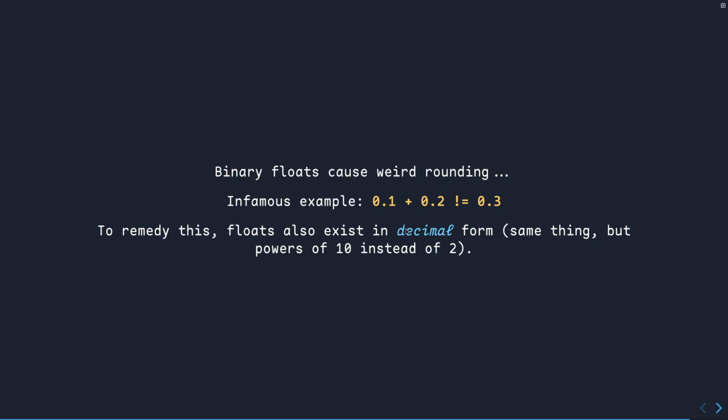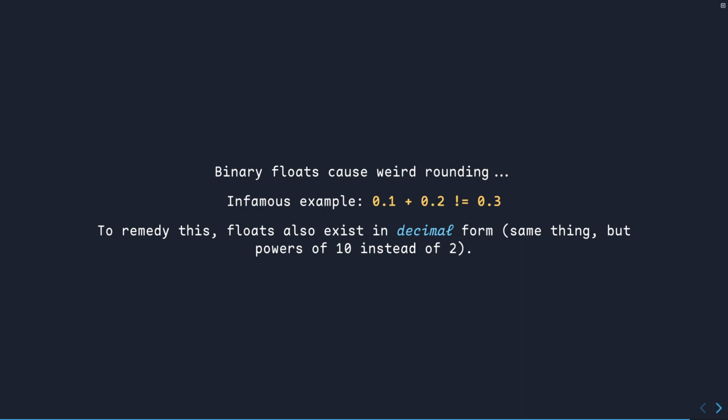The same for 0.2. And when you add those together, you can get what's called a floating point error. And in some languages, this will cause 0.1 plus 0.2 to be not equal to 0.3, because this floating point error is causing some issues within this division. So exact equality checks against floating point numbers are in some languages not very reliable.